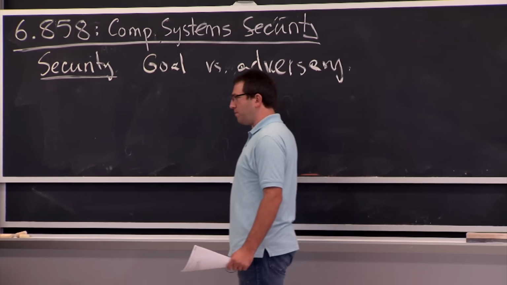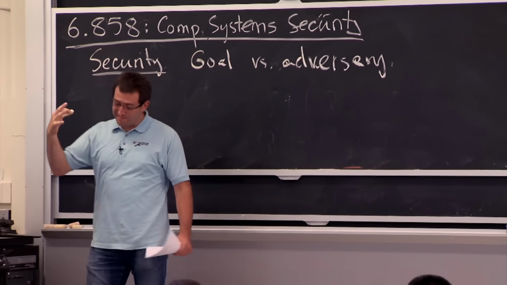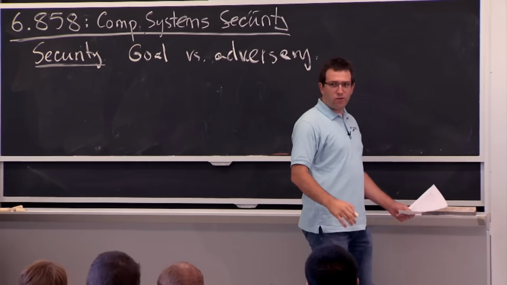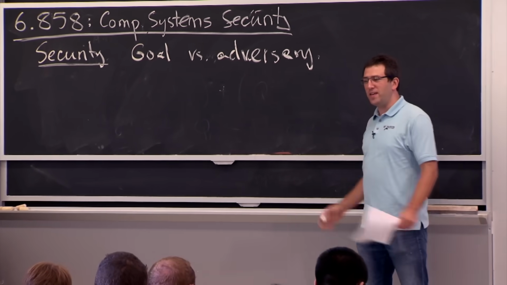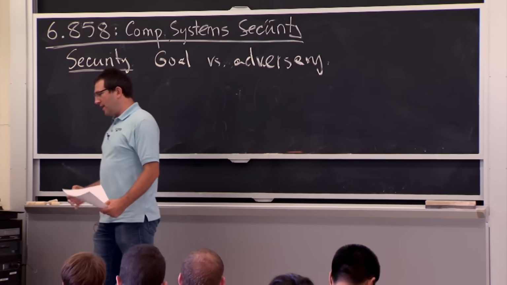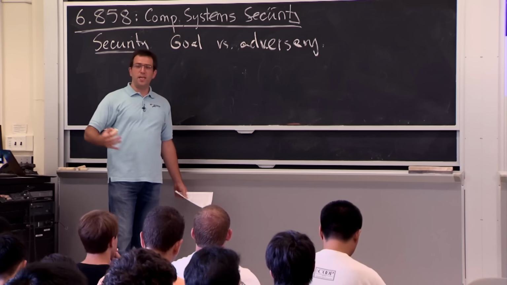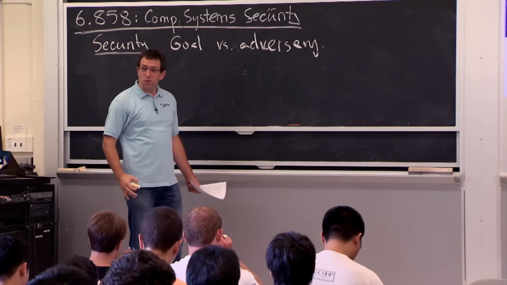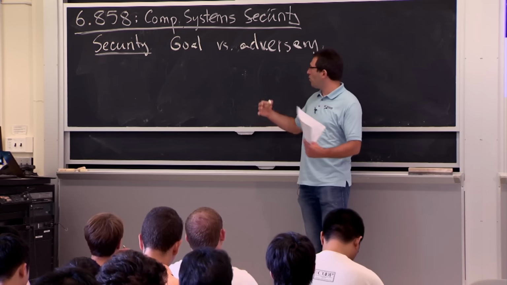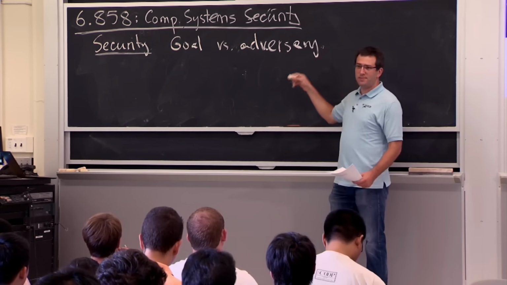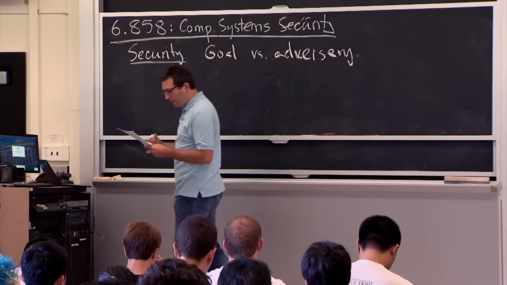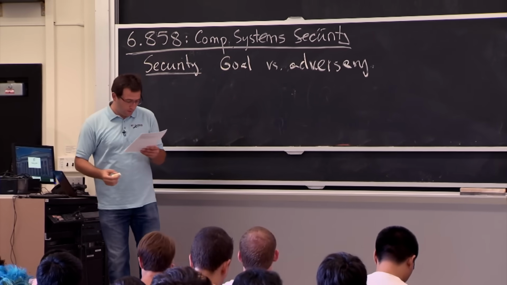Think of it as there's some bad guy out there that wants to make sure you don't succeed. Like they want to steal your files, they want to delete your entire hard drive contents, they want to make sure nothing works and your phone doesn't connect, all these things, right? And a secure system is one that can actually do something regardless of what the bad guy is trying to do to you. So it's kind of cool that we can potentially build systems that are resilient to a whole range of bad guys, adversaries, attackers, whatever you want to call them. And we can still build computer systems that allow us to get our work done.